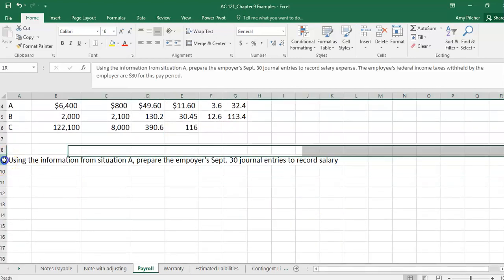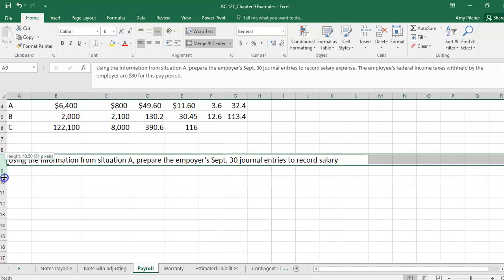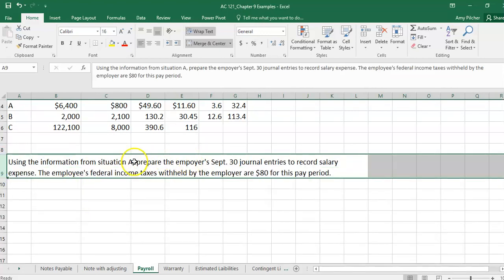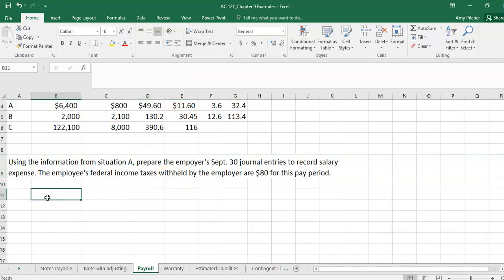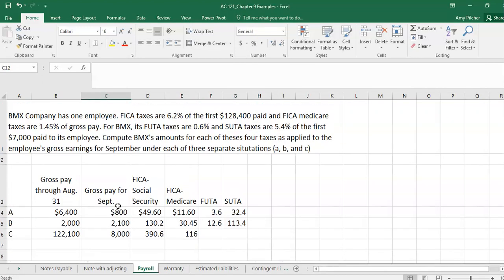Now we're going to look at the journal entries. And in this example, we're only going to prepare for situation A. So we also have additional information that their federal income taxes withheld are $80. So we have a salaries expense. We also have the various taxes.